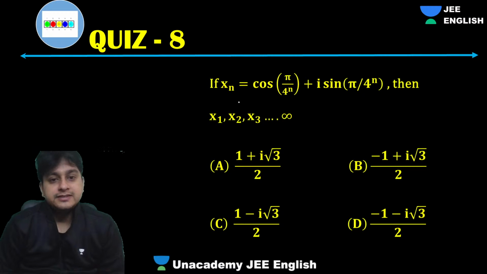So we have xn equals cos(pi by 4^n) plus i sin(pi by 4^n). Then what is the value of x1 into x2 into x3 and so on till x infinity?